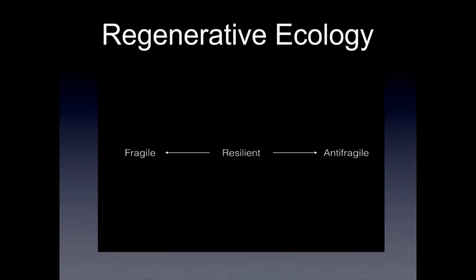So I'm going to talk about regenerative ecology. And Stephen mentioned regenerative ag, which is part of regenerative ecology. What this essentially is, is looking at ecology from a different lens. It's saying that in order to be resilient, we have to acknowledge the fragilities that we are experiencing, and we have to become what is called anti-fragile.